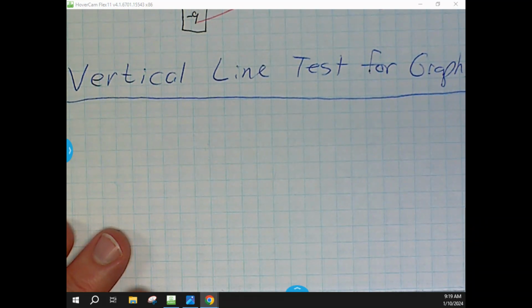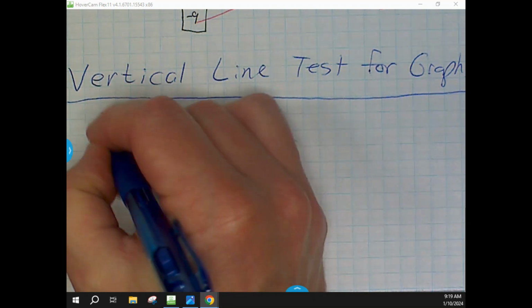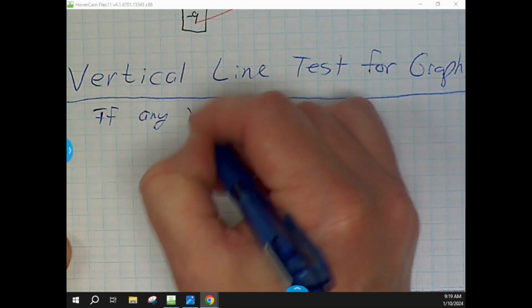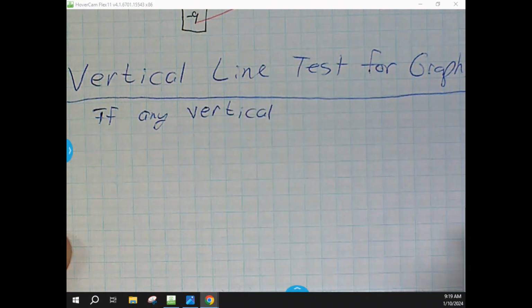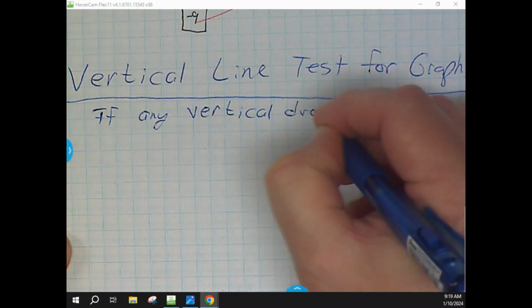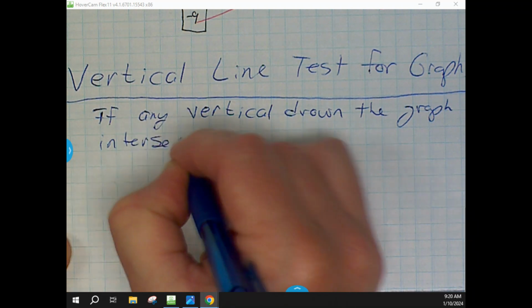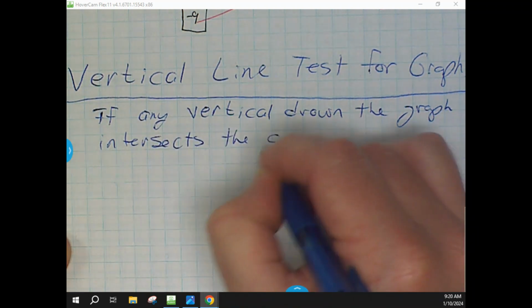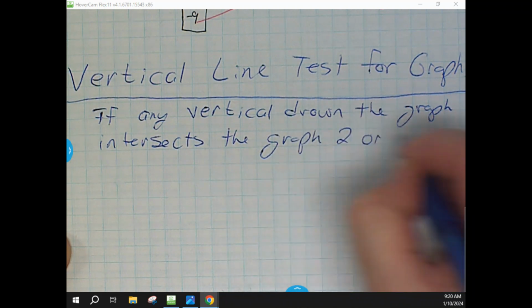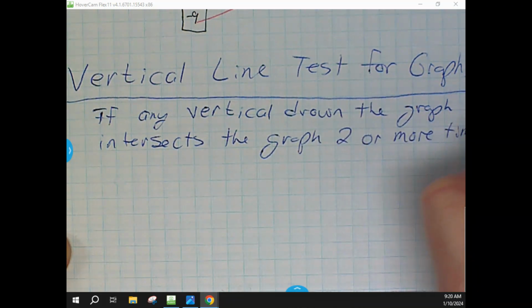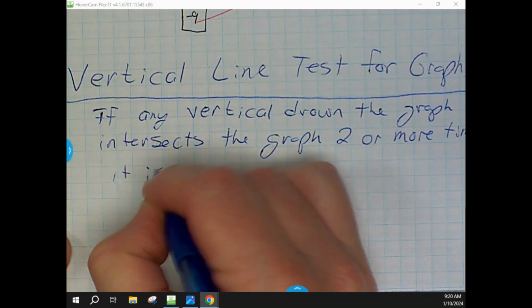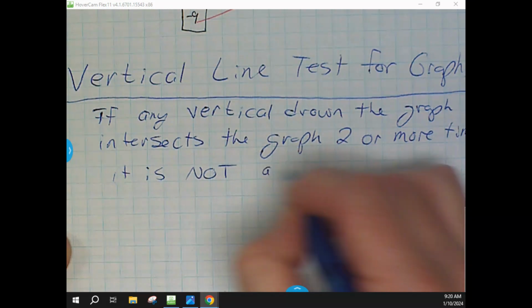This is one of those parts where you can just look at a graph and see what's going on. Basically it is this: if any vertical line drawn through the graph intersects the graph two or more times, then it's not a function.